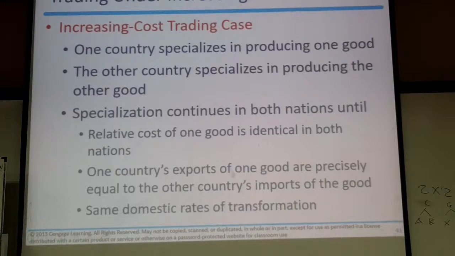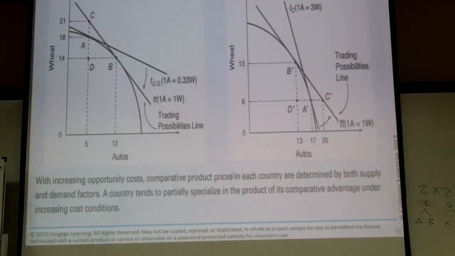That's the TOT, terms of trade, the trading line. One country's exports of one good are precisely equal to the other country's imports of the good, same domestic rates of transformation. So that's what it is.